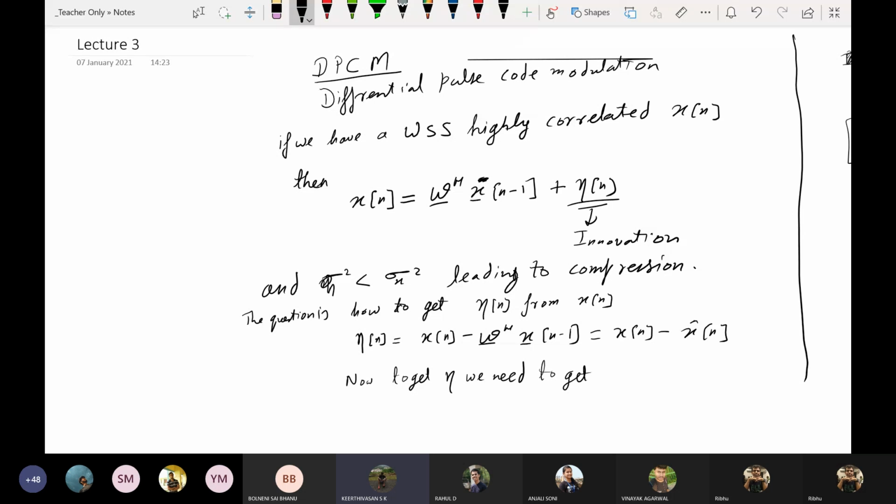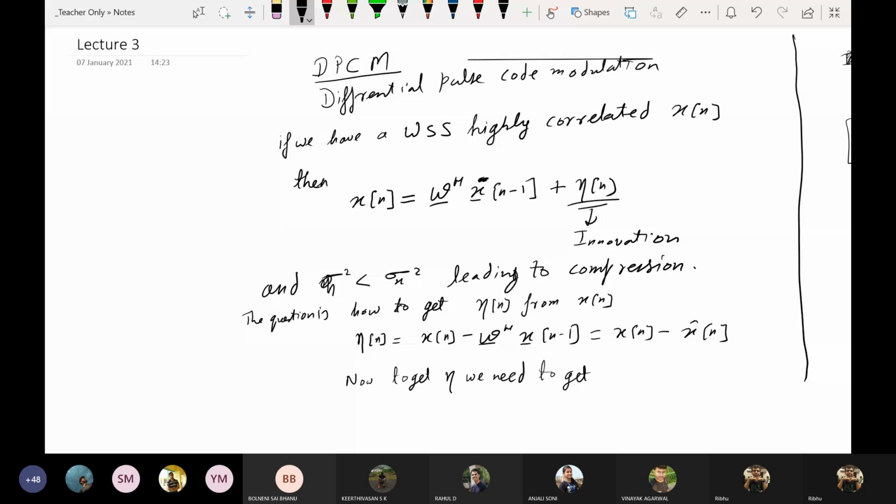Fine. At the same time, now consider that via good compression this eta has a small variance. You only need to represent eta. Then you can represent eta using 2 or 3 bits, say 3 bits.